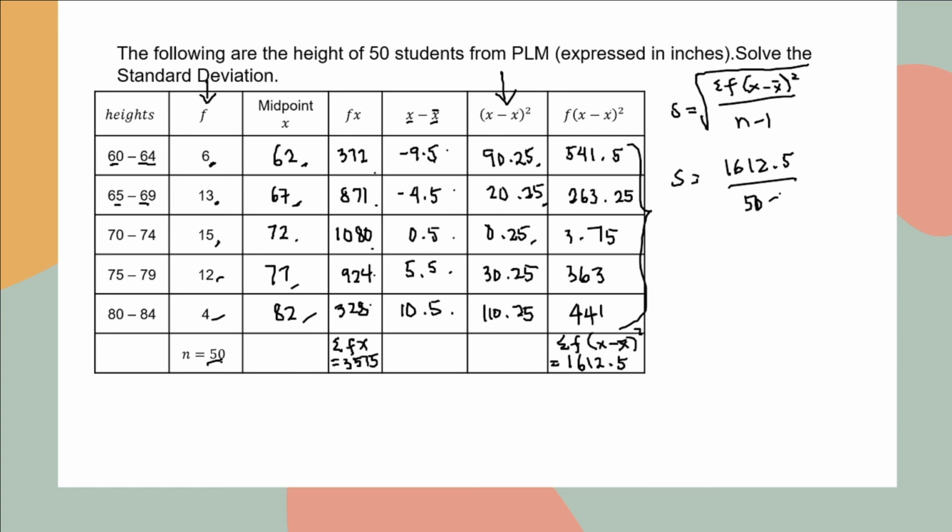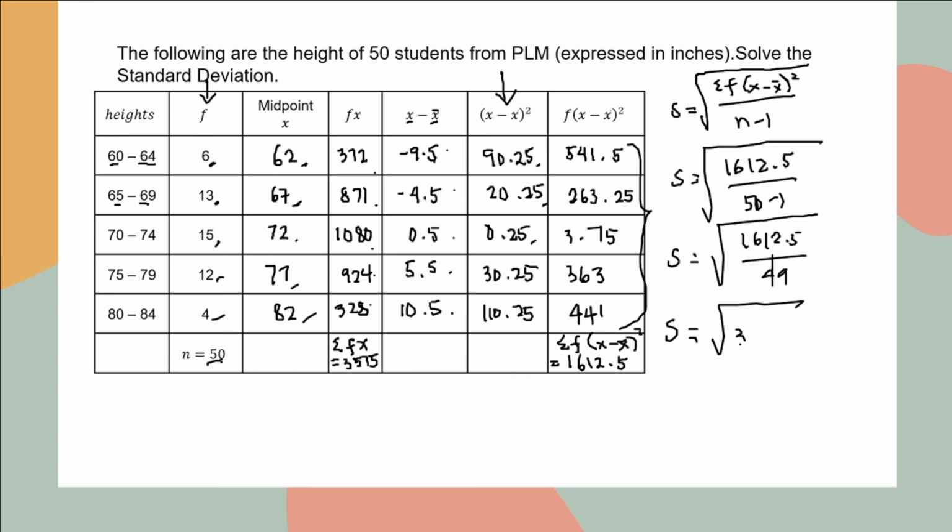So 50 minus 1. So S is equal to the square root of 1,612.5 over 49. Then, divide yung nasa loob. S is equal to the square root of 32.91. Then, our standard deviation is 5.74. So, this is now our answer.